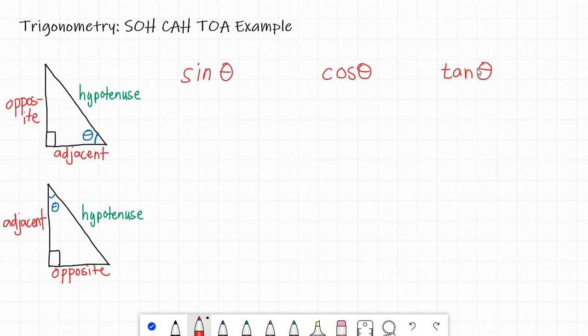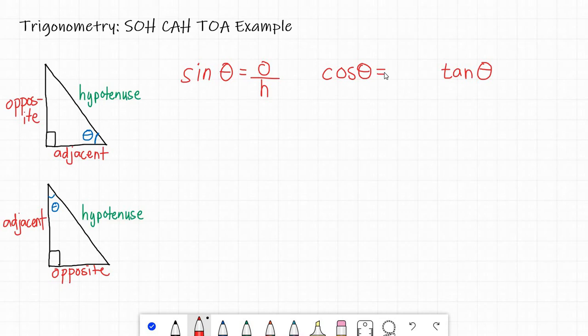And then the last two letters, we have O and H. So that tells us opposite and hypotenuse. So what you do is you take the first letter, so for a sine it's O, or opposite, and you divide by the second letter, so H for hypotenuse. So that first block, SOH, tells us that sine is equal to O over H, or opposite over hypotenuse.